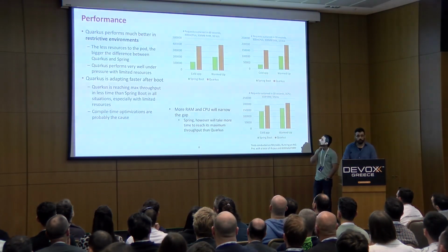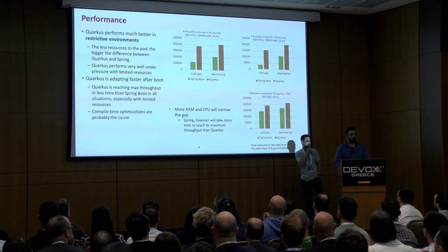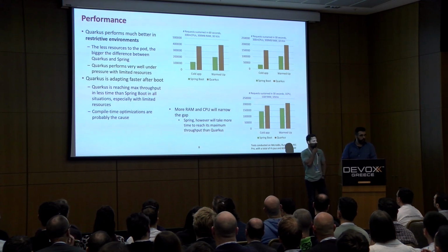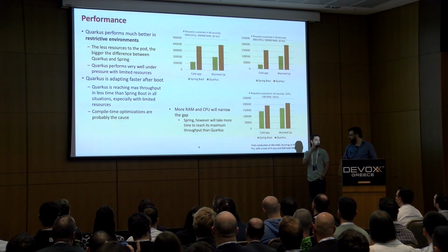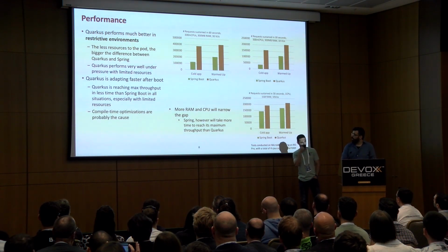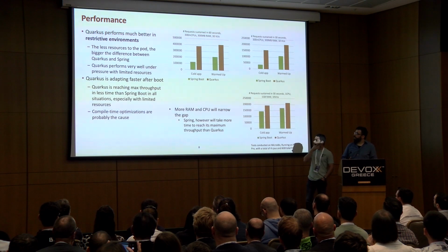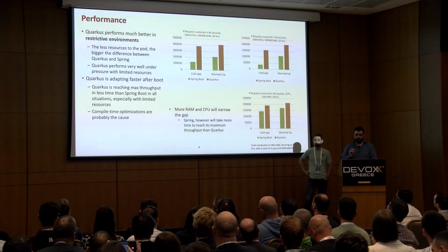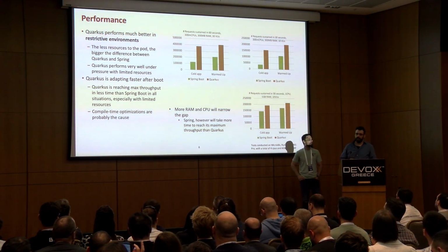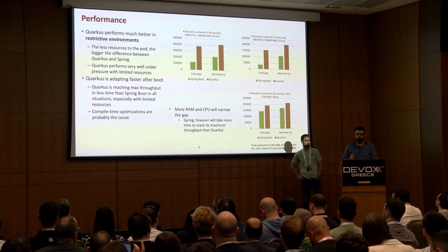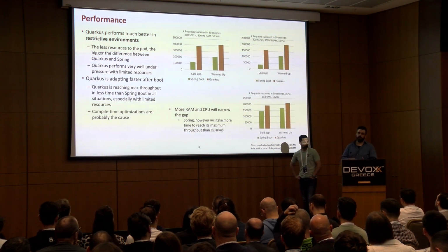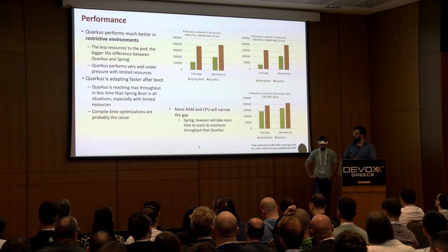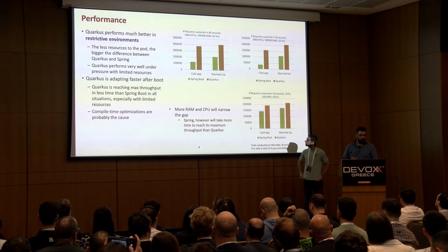Let me continue where we left off and explain a few things about why we did the test we did. Of course, we don't have time to run extensive performance tests with both applications warmed up, but those are tests that I believe we can publish after the event, along with the code. The thing is that we see that in restrictive environments, Quarkus performs much better. Apart from the boot times, it also has a much higher throughput. Now, if you throw more resources into the mix, like giving 1 CPU and a gigabyte of RAM, the gap is narrowing.